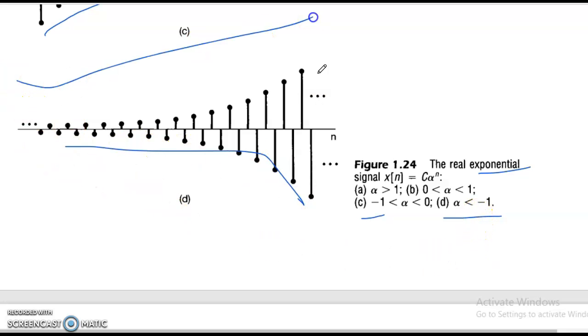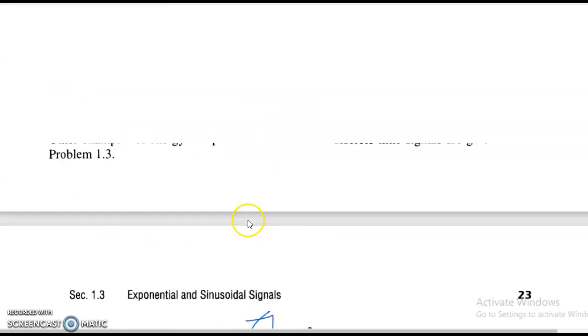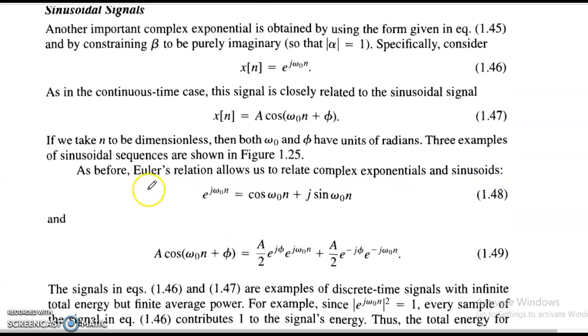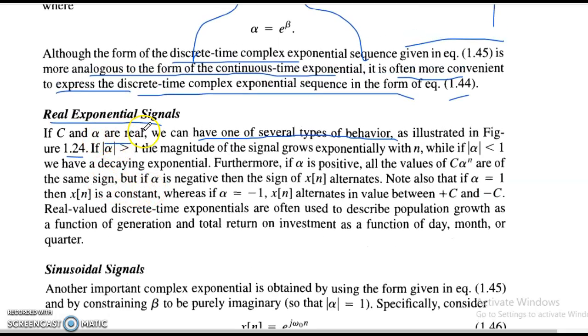So if c and alpha are real, we can have one of several types of behavior as illustrated in figure 1.24.